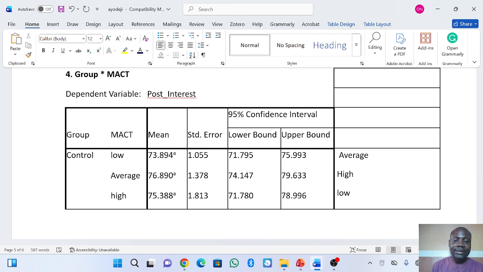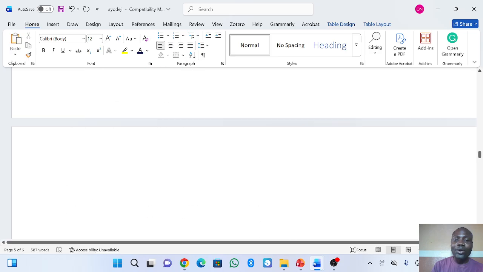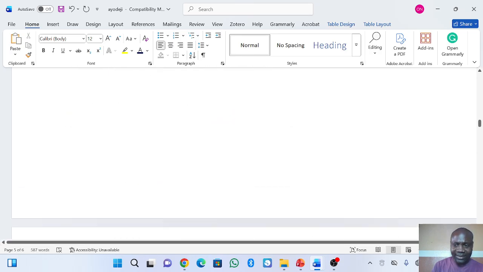What's that telling us? It's telling us that in this case, we have significant main effect of the groups, we also have significant main effect of the moderator variable, which is mental ability. But you will now check here, we also have an interaction effect.